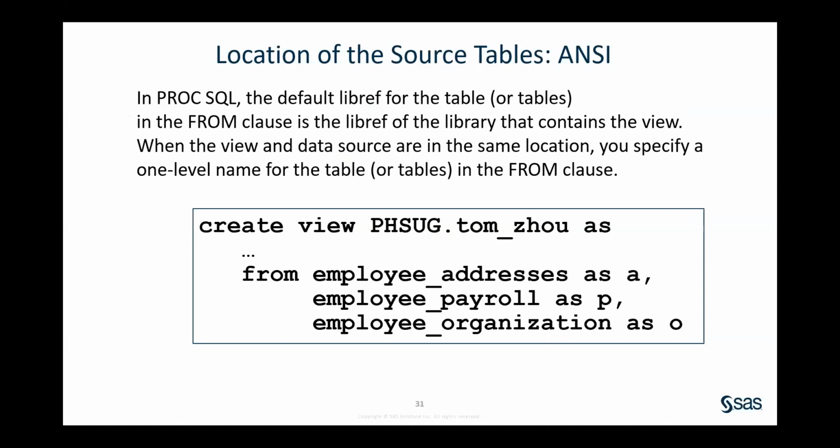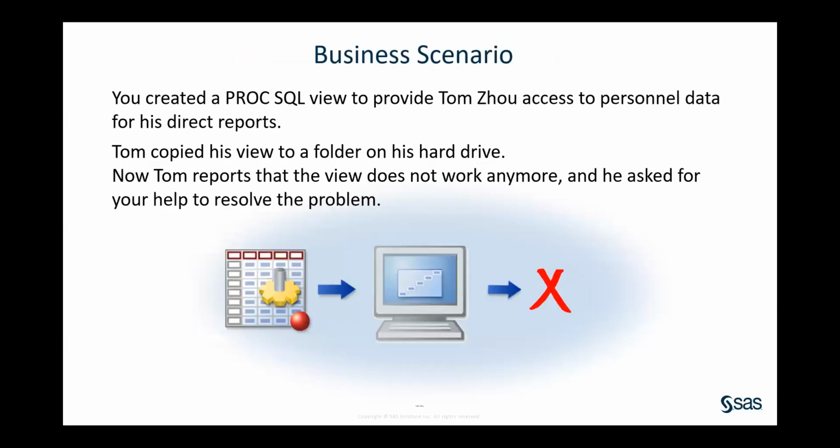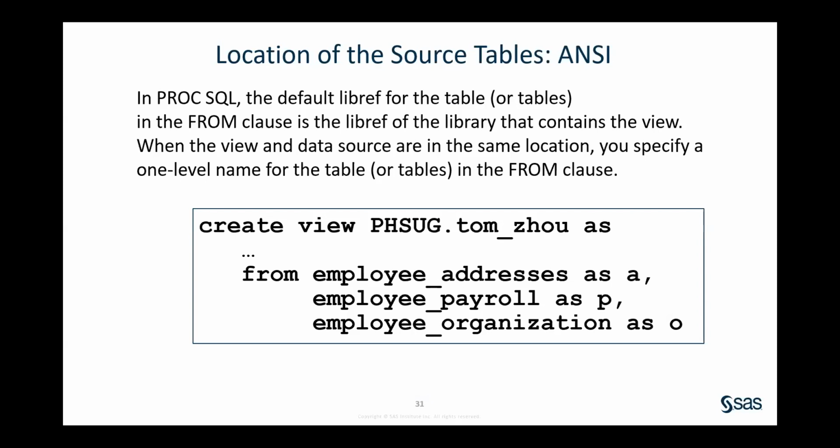And for a lot of SAS users, you might think, does that mean these are in the work library? No. In relation to the view, these are co-located. These indicate that the data sets are in the same location, right? And this is actually an ANSI requirement that the tables and the view need to be co-located.